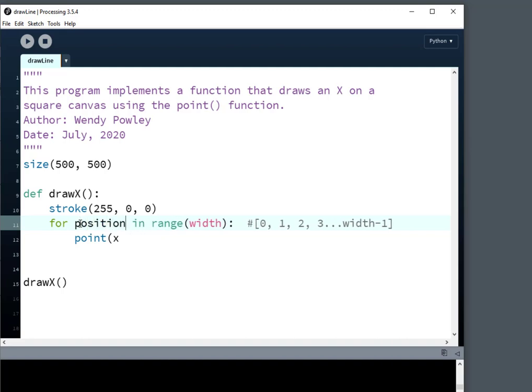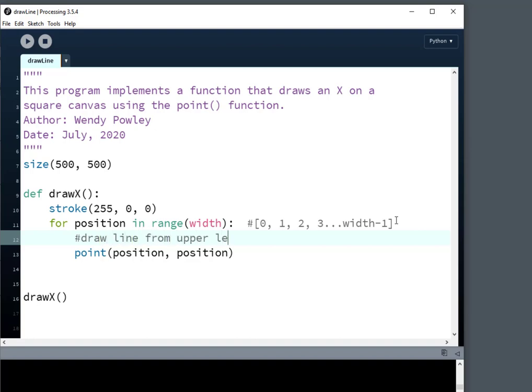So let me make this more clear. I'll say for position in range 0 to width, minus 1, I'm going to draw my point at position. And let's put a comment in here saying draw line from upper left to lower right. That's what this one does.